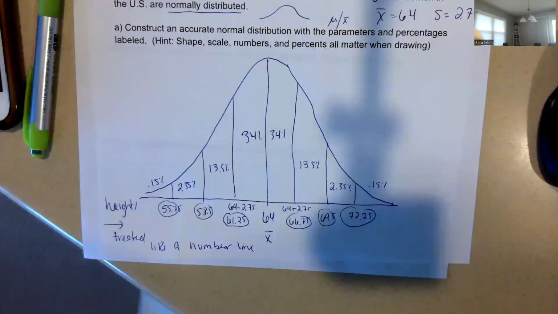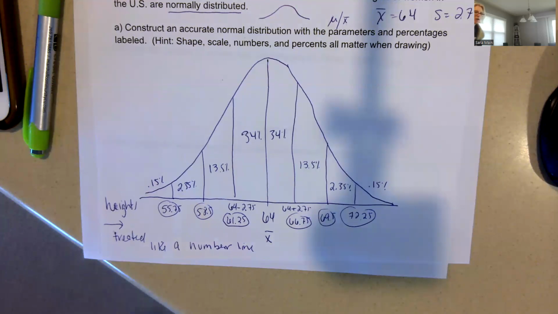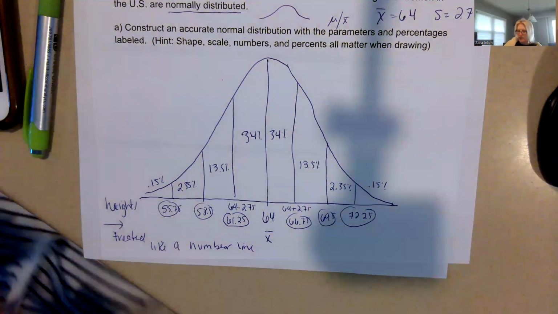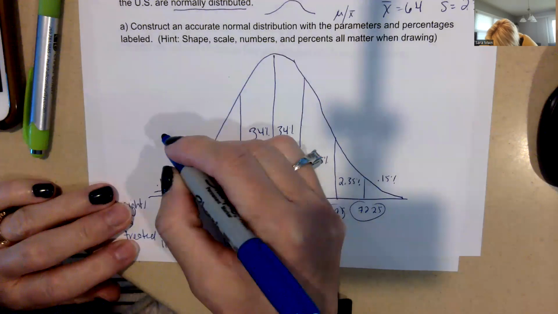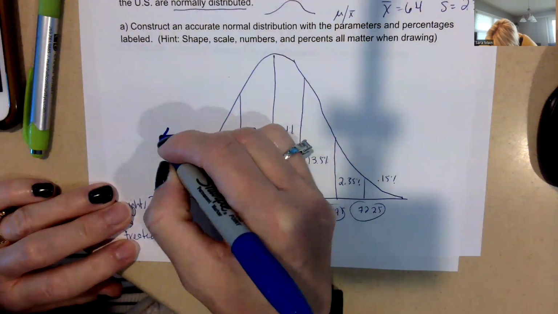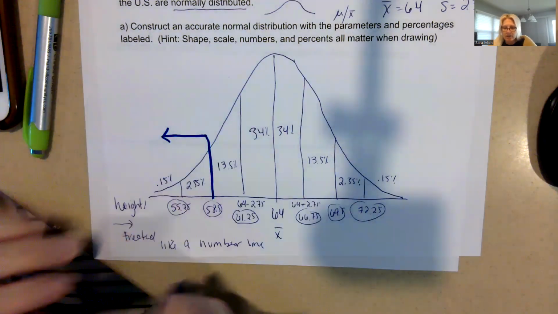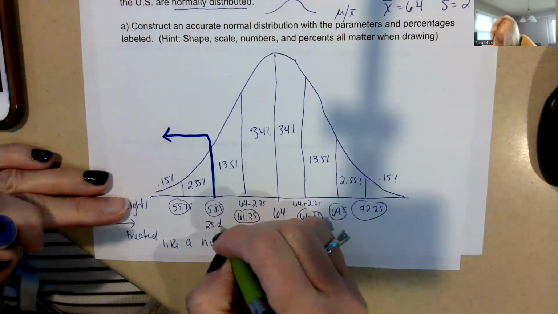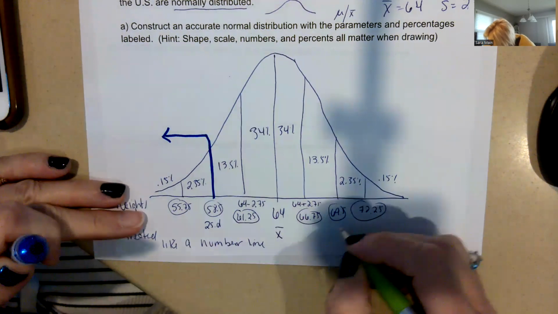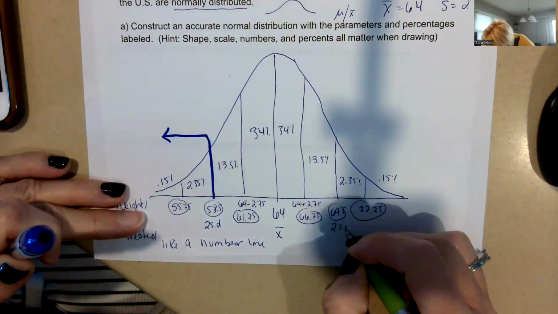And one piece that's very important is to acknowledge where those outliers would be, because we talked a little bit about outliers in our box plots in earlier lessons. Where would those be? Anything that is outside of 2 standard deviations, this is 2 standard deviations, and this over here is 2 standard deviations.